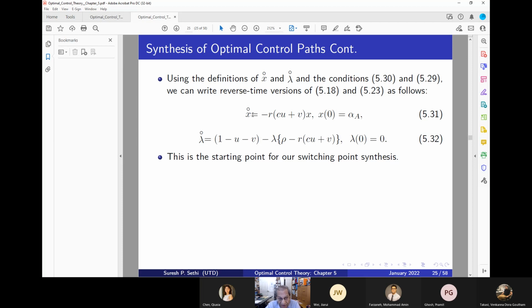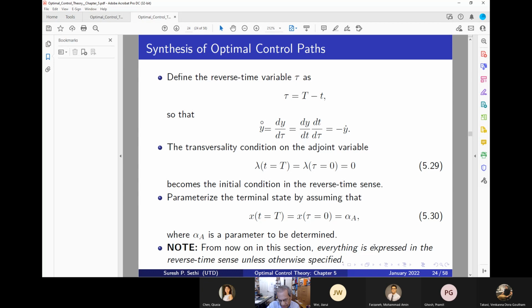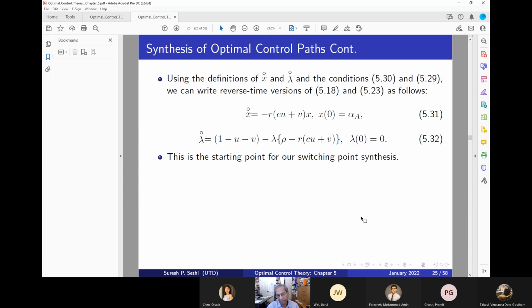Remember, I don't put the parenthesis tau here because now tau will be understood to be the time because of this remark that says everything is expressed in reverse time unless otherwise specified. So x circle is given by this, and lambda circle is given by this. We already know these equations. Lambda 0 is 0. This is our guess. And we can start solving.